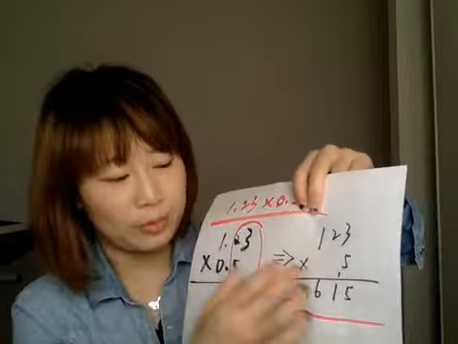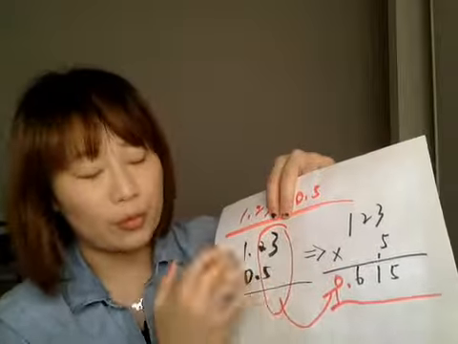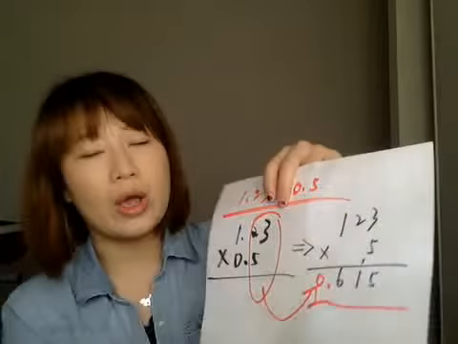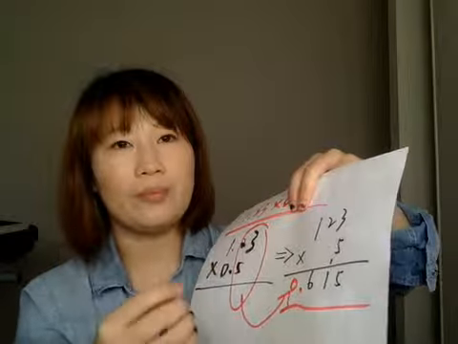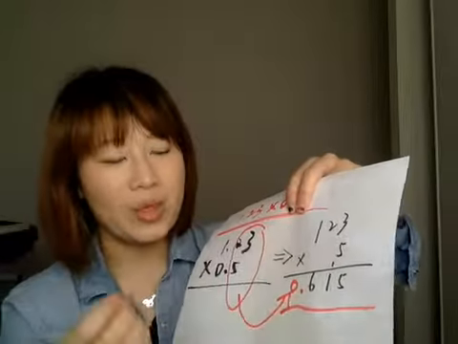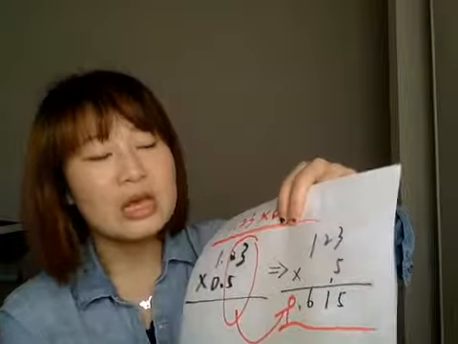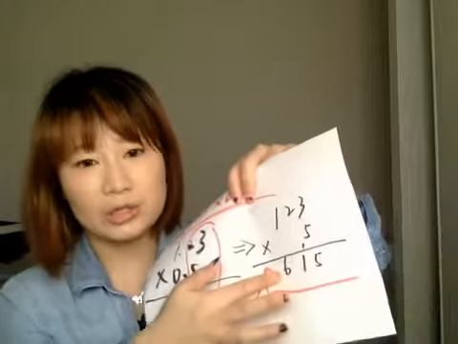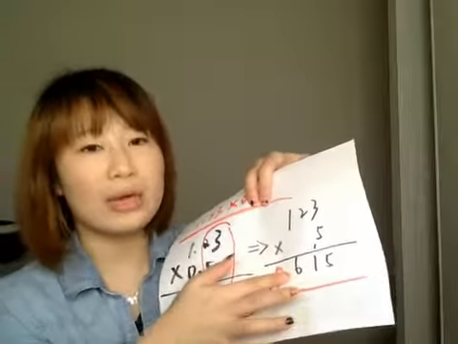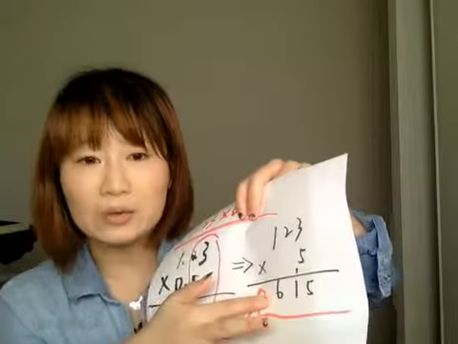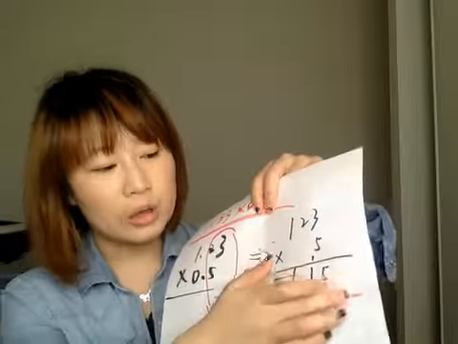We have two processes. The first process is that after we remove the decimal point, we have amplified our answer 1,000 times. So when we get the answer, we need to zoom out 1,000 times.